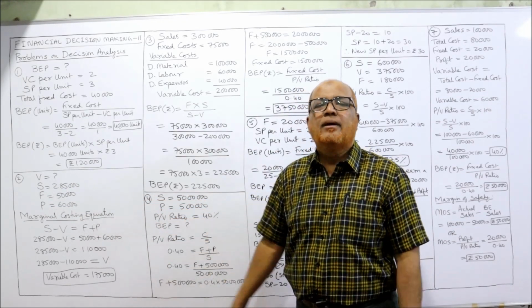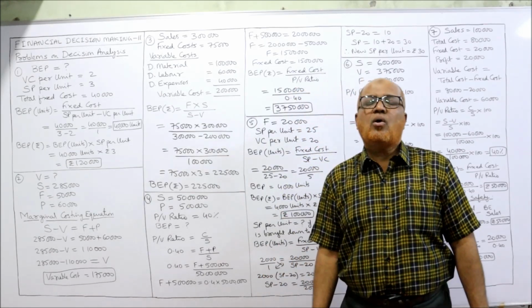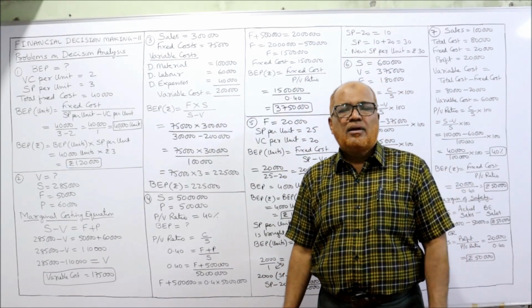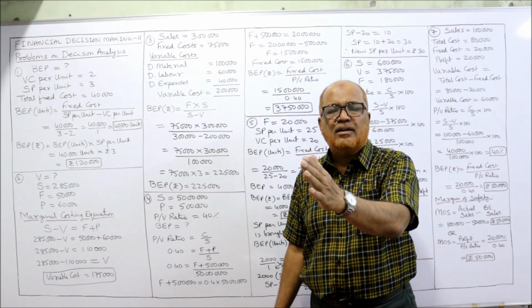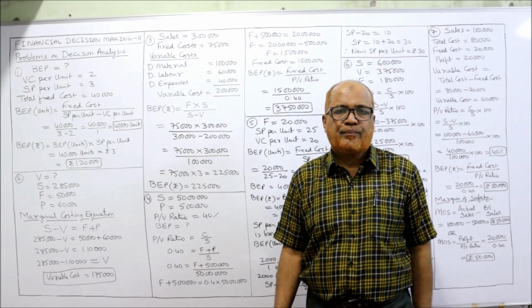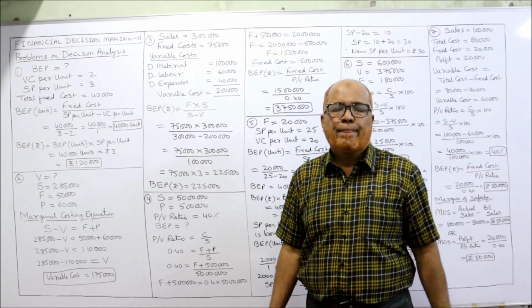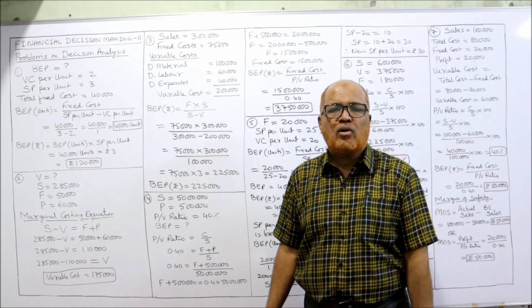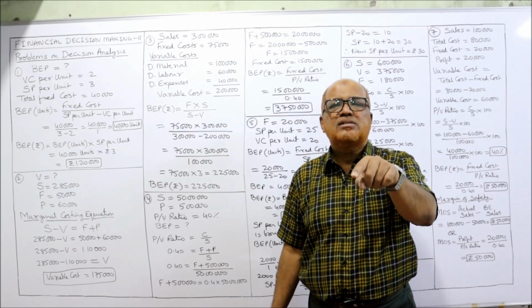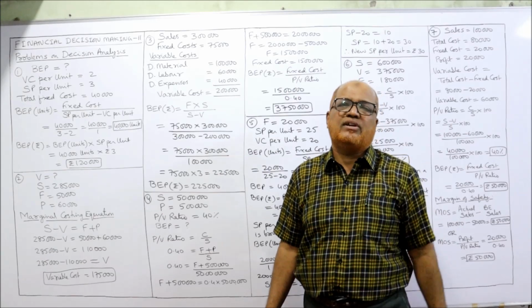That is given. Remember, marginal costing equation. The marginal costing equation says S minus V is equal to F plus P. What is S minus V? Contribution. Contribution is equal to sales minus variable cost, or contribution is equal to fixed cost plus profit.